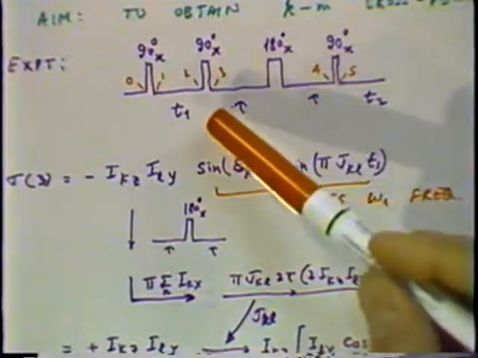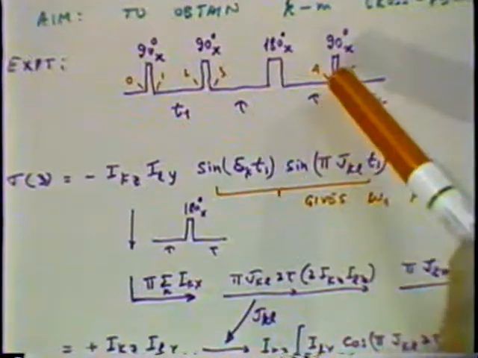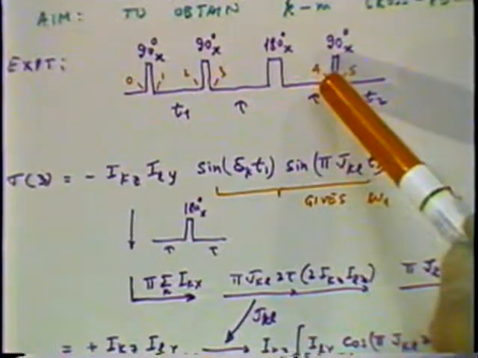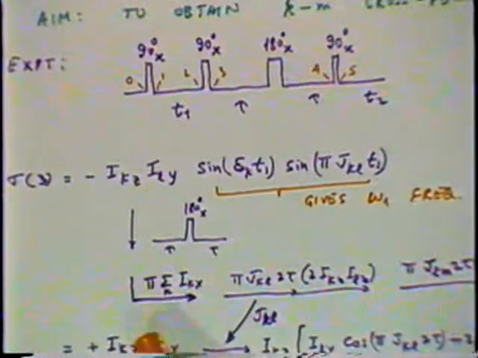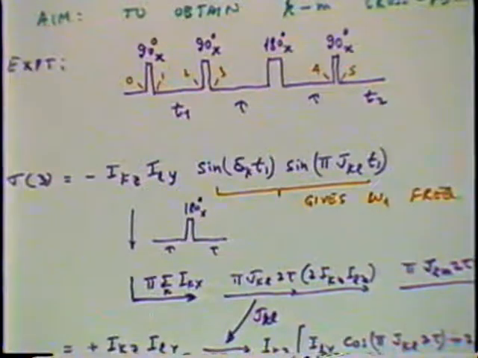And now we just use the sequence tau, 180, tau, to calculate the result at point number 4. And this sequence says that we have to use these transformations, that is what I just mentioned before.